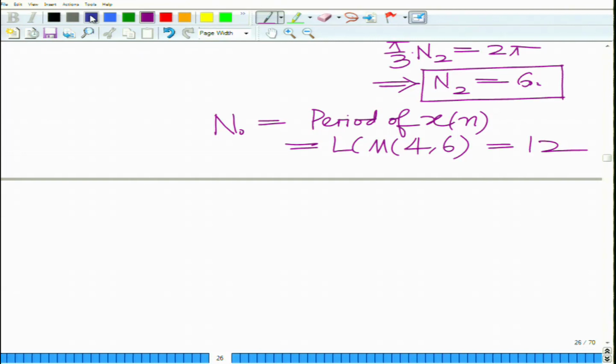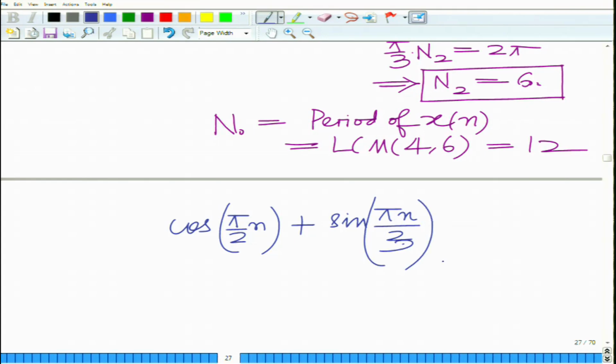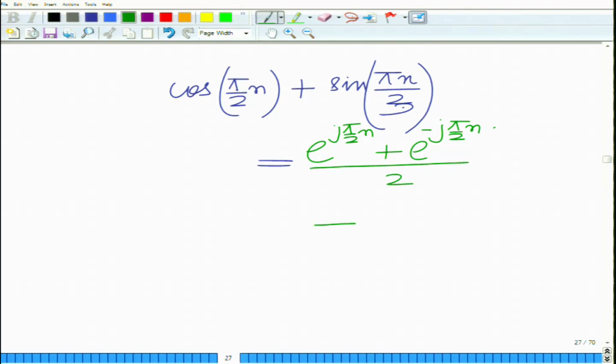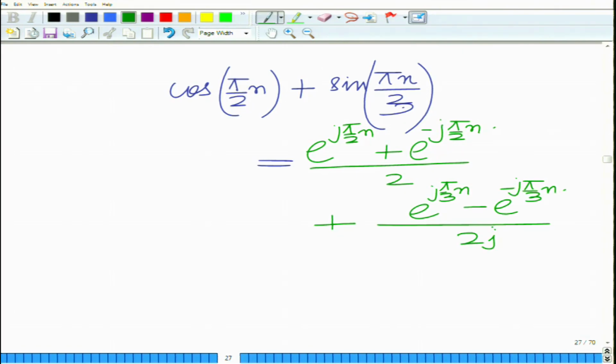Okay. And now, using the properties of complex exponentials, I can write cosine pi by 2 n as e power j pi by 2 n plus e power minus j pi by 2 n divided by 2, plus sine pi by 3 n, which is e power j pi by 3 n minus e power minus j pi by 3 n divided by 2j.